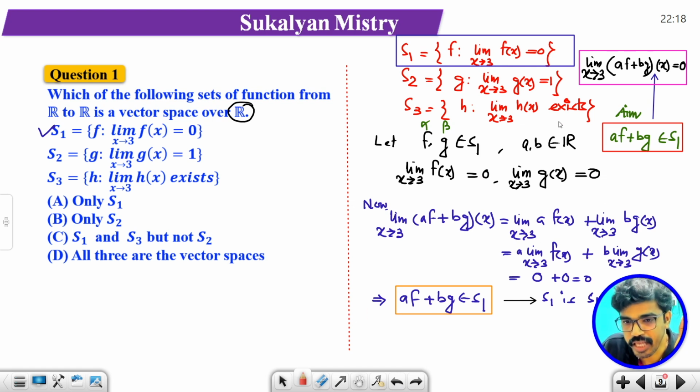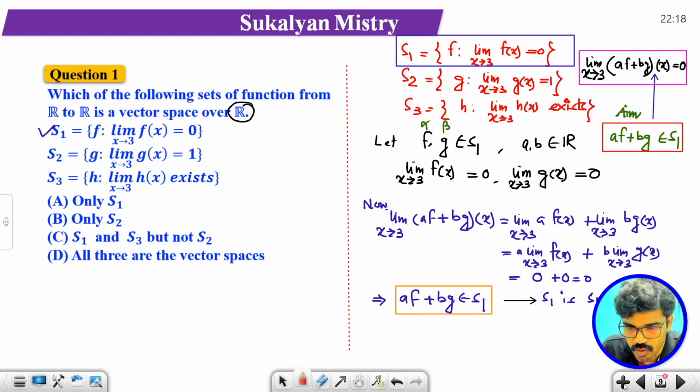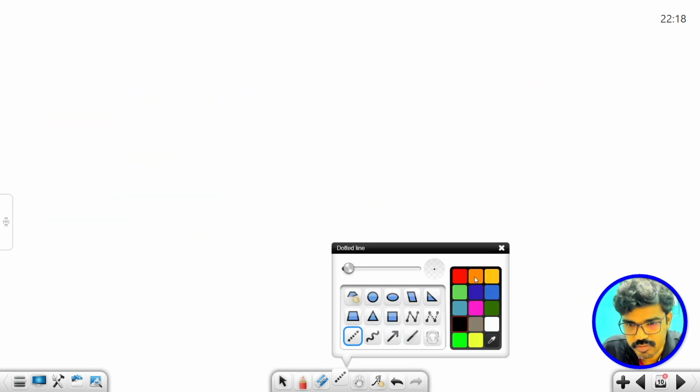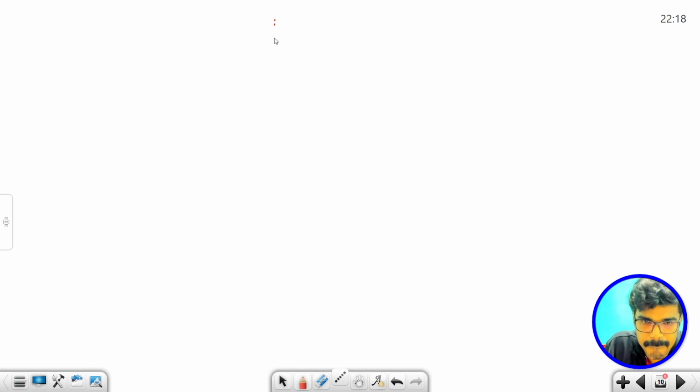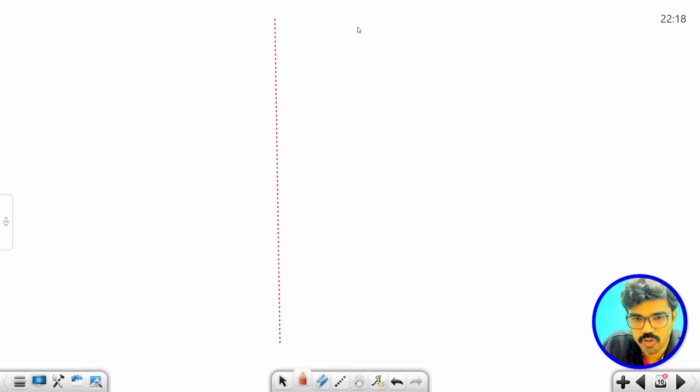Just see what is S2. S2 is a set defined such that there is a function with limit x tending to 3 of g(x) equal to 1, right?